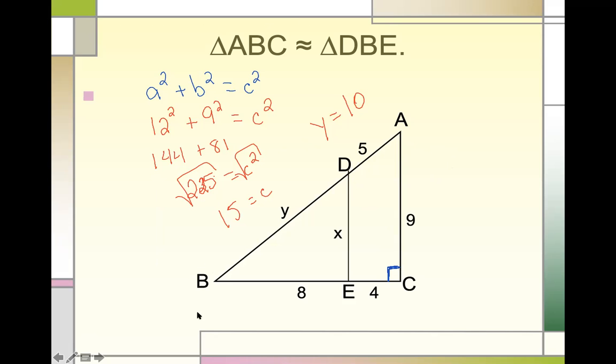Let me just get my annotation back here. All right. So 10 is the same as 15, right? The length of y is the same length as BA, which is equal to x over 9. That's the other way to do it. You cross multiply, you get 90 is equal to 15x. And then you would be able to get that x is equal to 6.